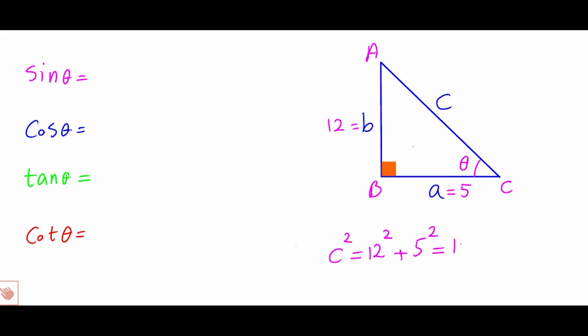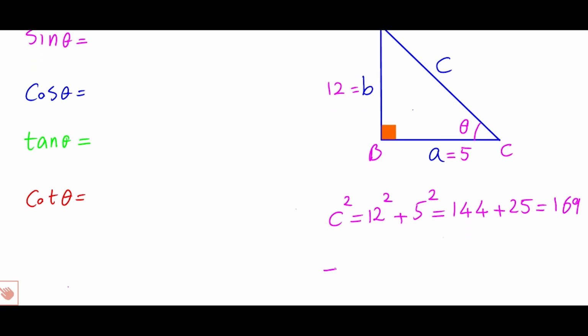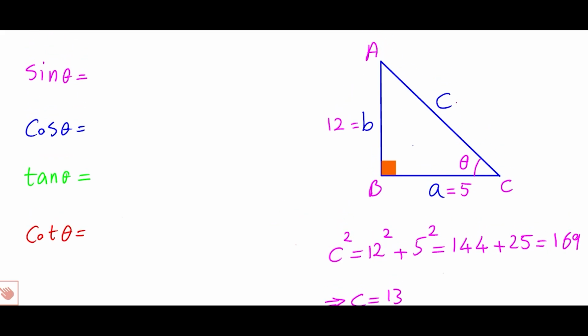It is 144 plus 25, which is equal to 169. So C is equal to 13. So we have sine theta is the opposite side divided by the hypotenuse.